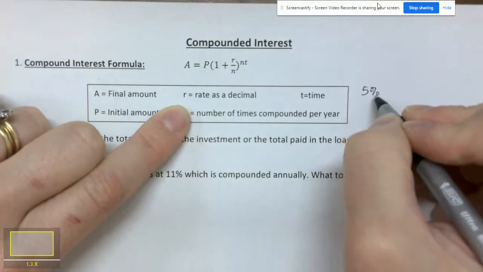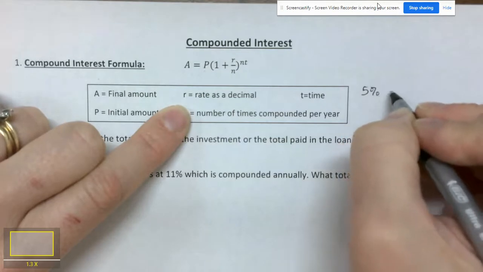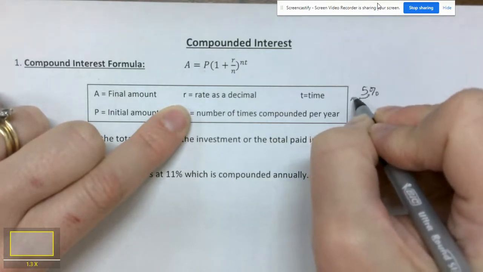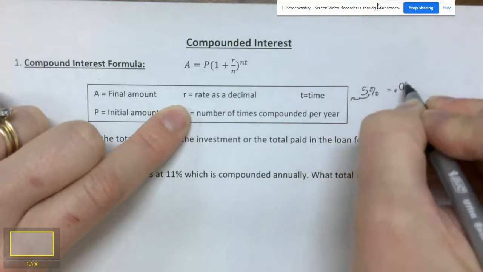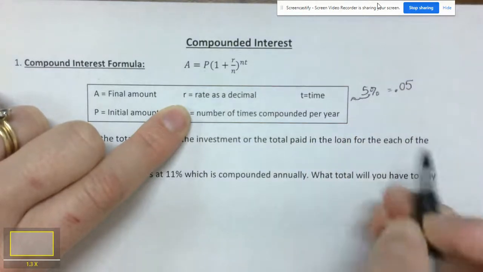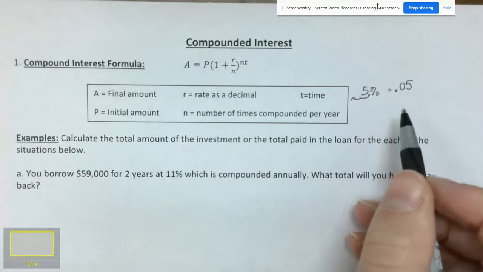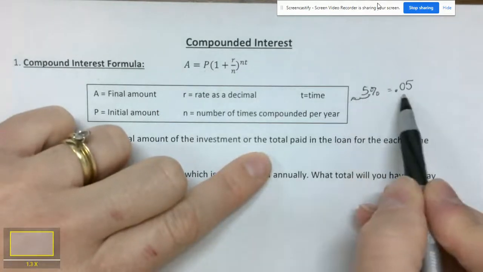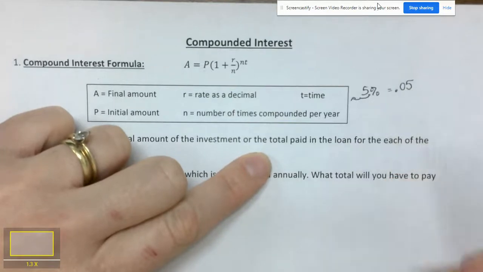And I just want to remind you that to convert percents to decimals, you take that decimal point that's at the end of that 5 and you move it back 2 places. So that would be 0.05 as the decimal. You should already know how to do that, but if you don't remember, you move that decimal point back 2 places. So 5% would be 0.05.